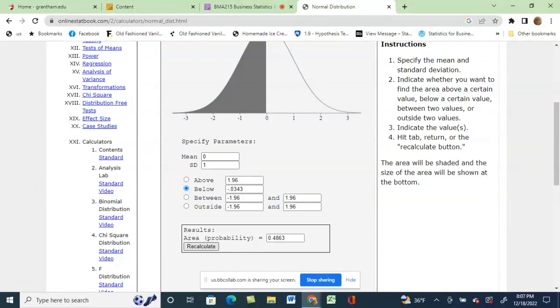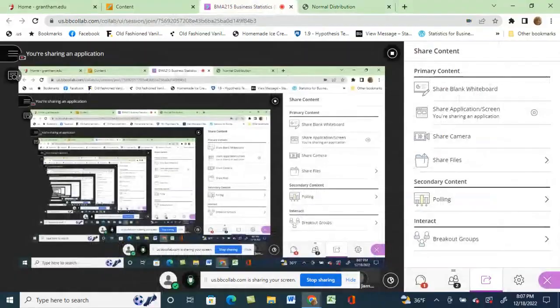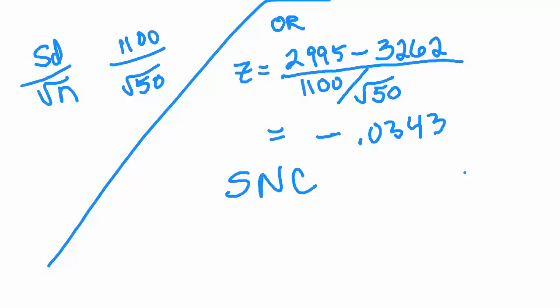Oh, all right. Yeah, I made a mistake. I made a math error. I'm sorry. I was using my phone calculator instead of my real calculator.